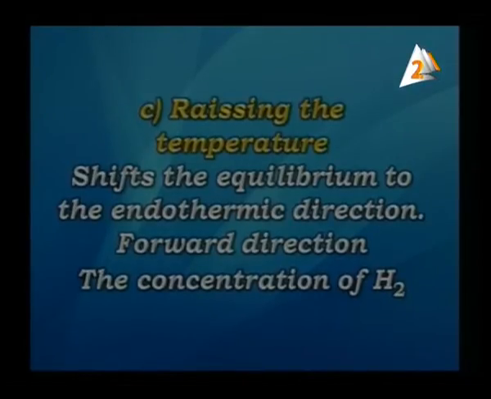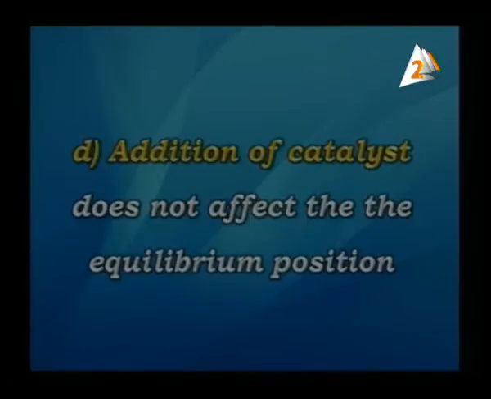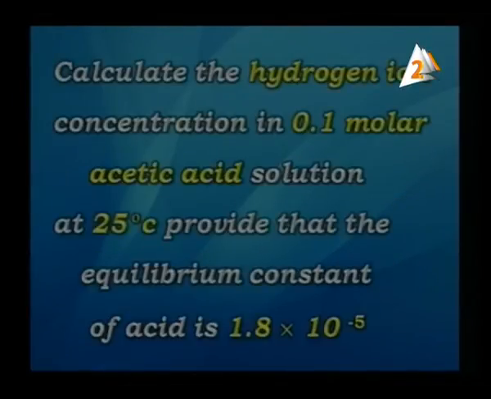This means the direction of concentration of the hydrogen. What else? We have D, addition of catalyst doesn't affect the equilibrium position. Why? Because the catalyst is a substance that speeds up the chemical reaction without changing itself.